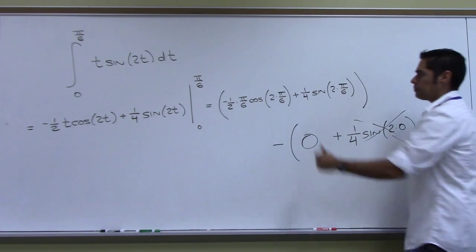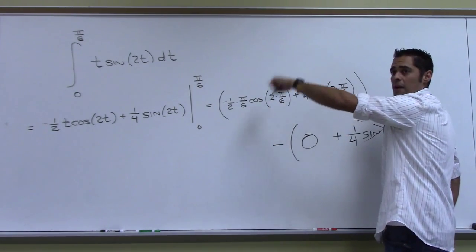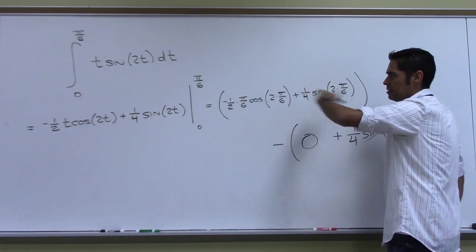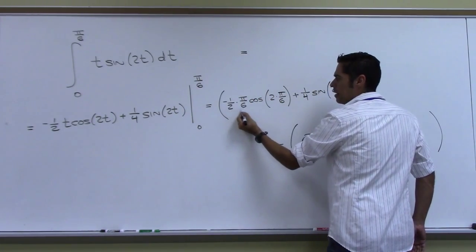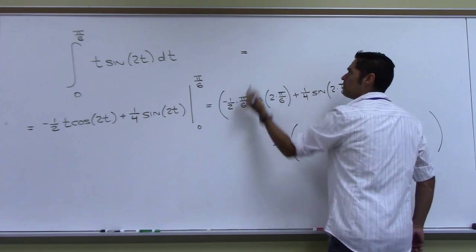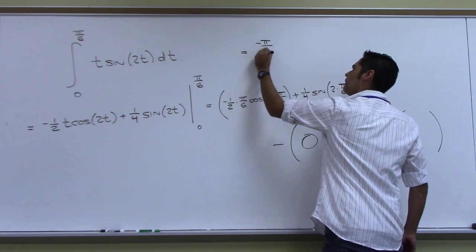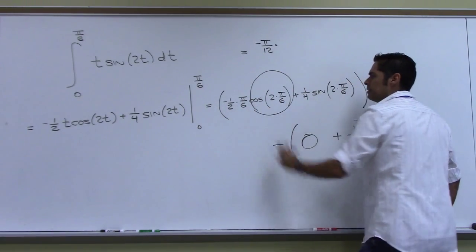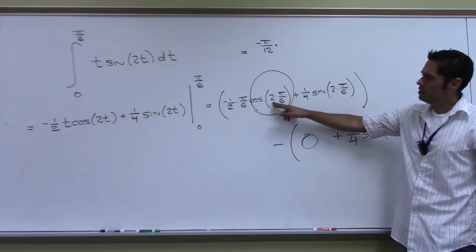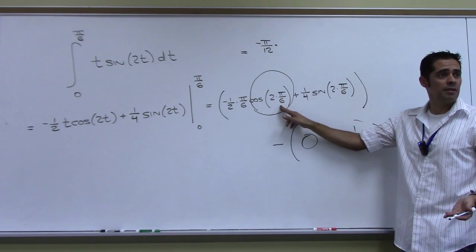Now, this is the only piece that's left, right? But I've got to clean this up. This looks terrible. So equals, how about these two together give me negative pi over 12 times, what is cosine of, isn't 2 pi over 6 the same as pi over 3?